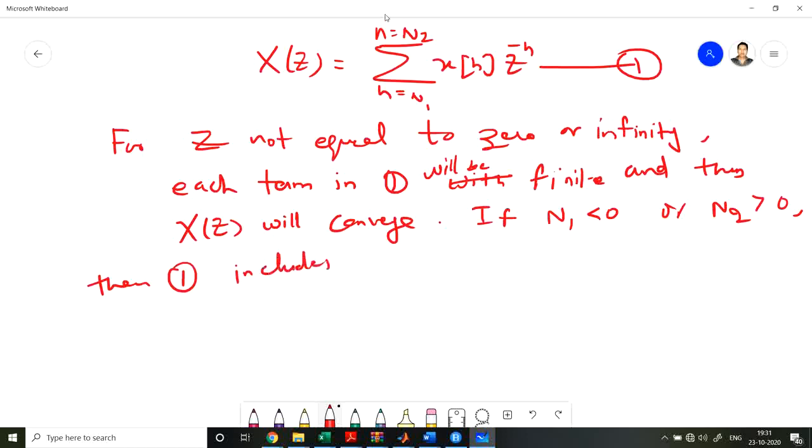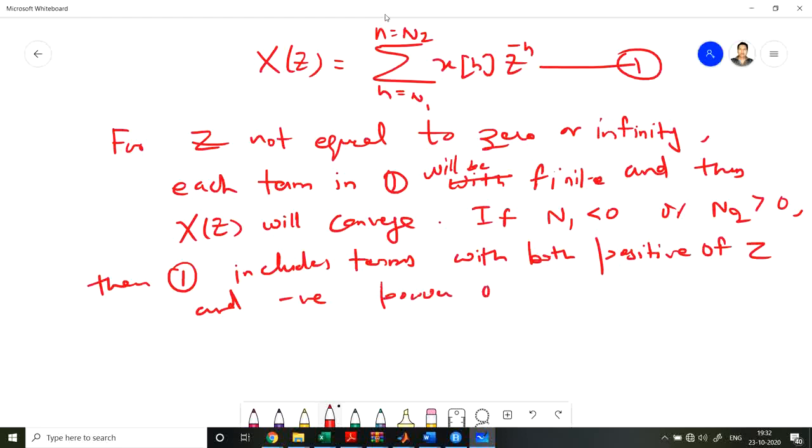equation 1 includes terms with both positive powers of z and negative powers of z.